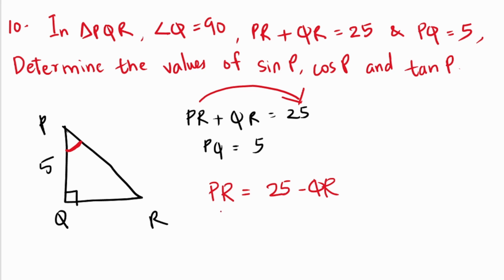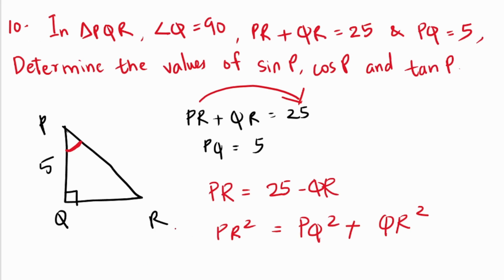Next, you know that PR is the hypotenuse. So PR square is nothing but the sum of the squares of the other two sides, right? It is PQ square plus QR square. Okay, we'll continue it in the next page. So PR, you have already written as 25 minus QR, whole square.